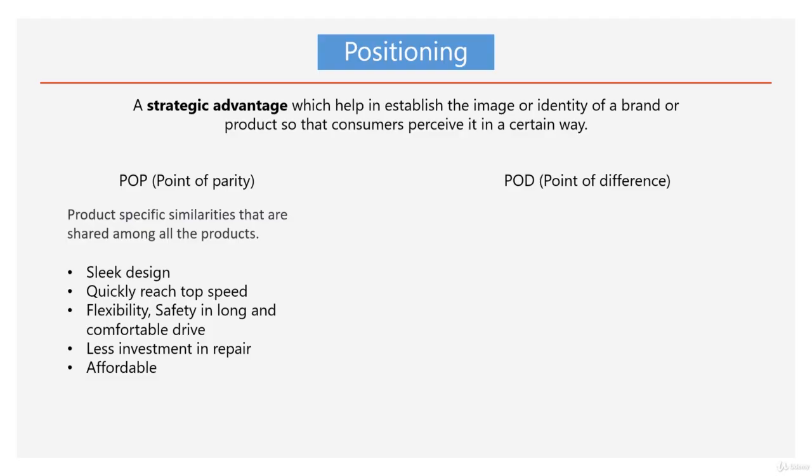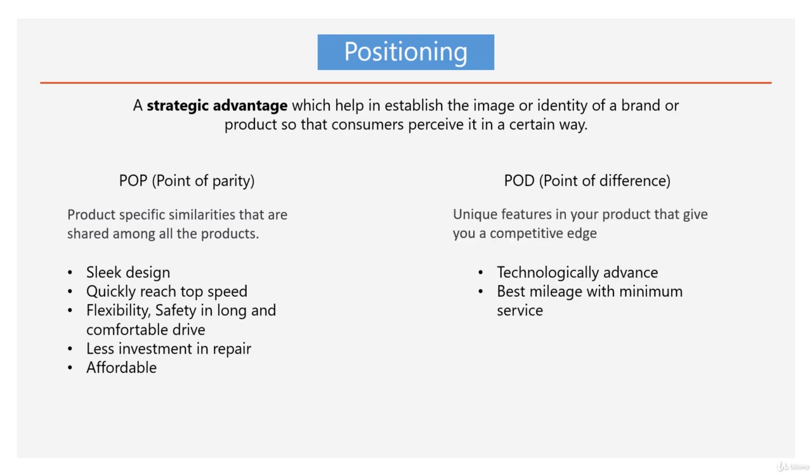But nowadays companies really try to create point of difference for their product to stand out, and that is why point of difference really comes handy in the positioning part. Because point of difference really provides a unique feature in your product that gives you a competitive edge. And if you talk about Tesla, believe me, Tesla has a technologically advanced system, and that gives a point of difference to Tesla, because Tesla is technologically very advanced.